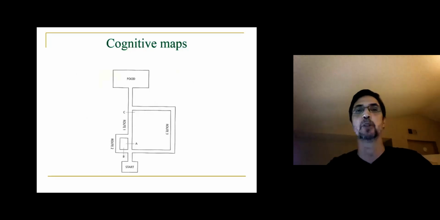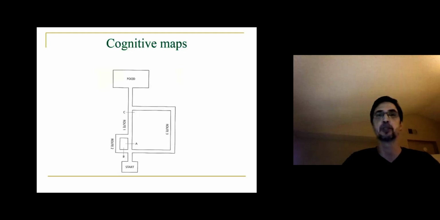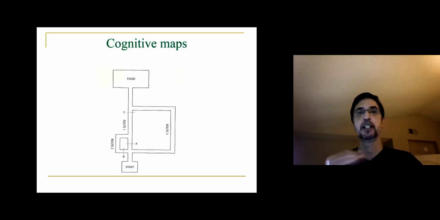So here's an example of a maze that Tolman designed. You can see it's got a starting location and then 3 different routes to get to a location where food is stored. There's Route 1, Route 2, and Route 3, and these routes could each be blocked at different points.